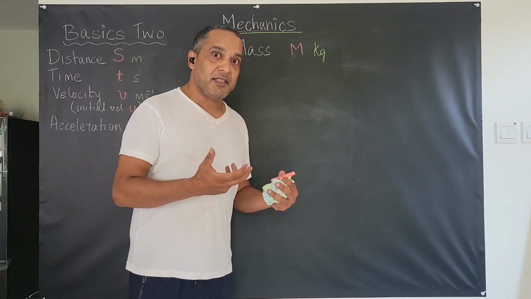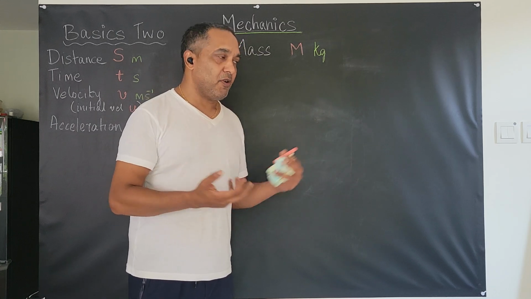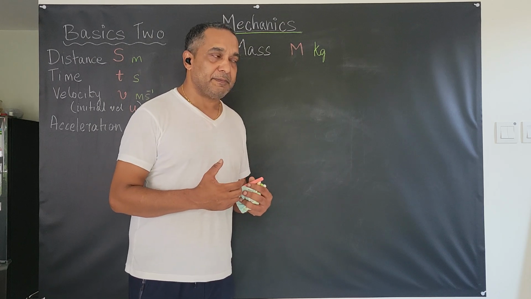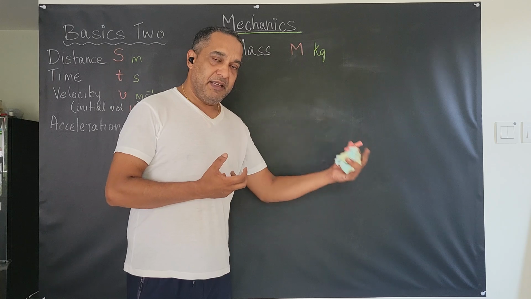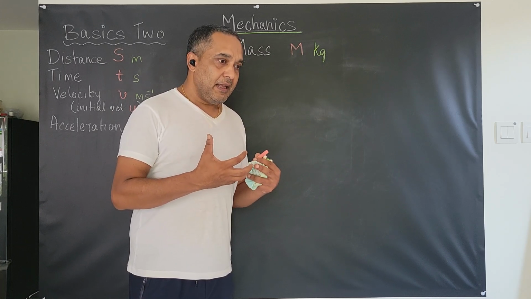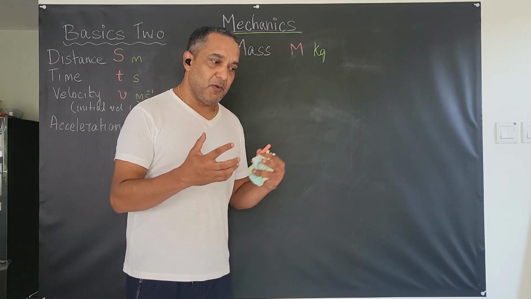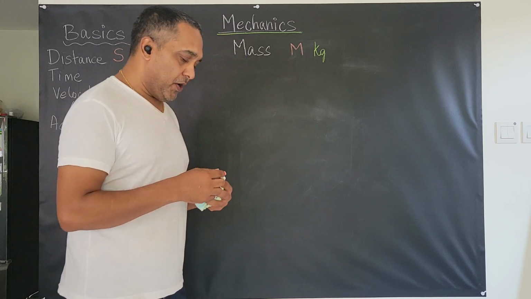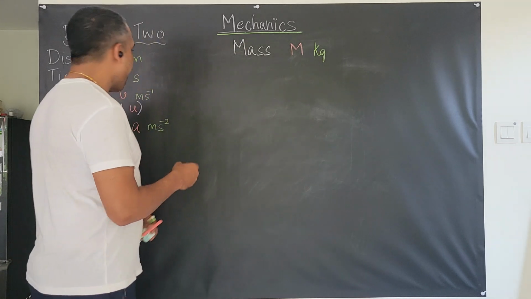Or a fast bowler who can cause damage just because he bowls at 140 kilometers an hour or more. The ball itself is probably not very heavy, but the velocity that it has creates an impact. Therefore, its motion typically gets stated well with these two variables coming together, and they come together in what is called momentum, right? And I'll introduce that.